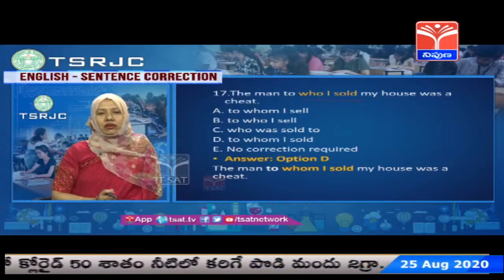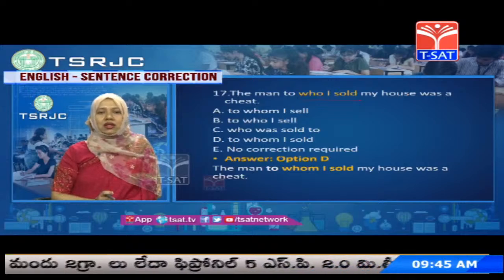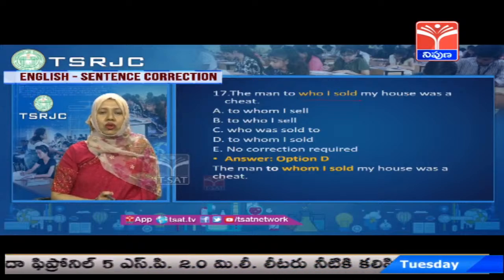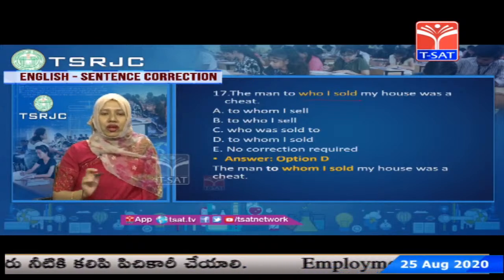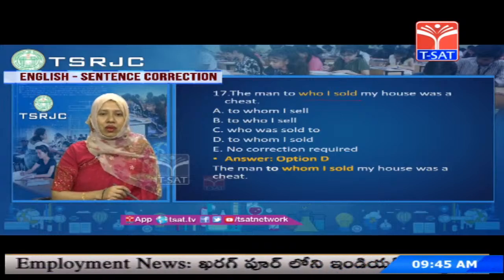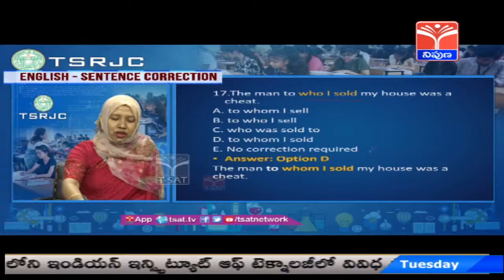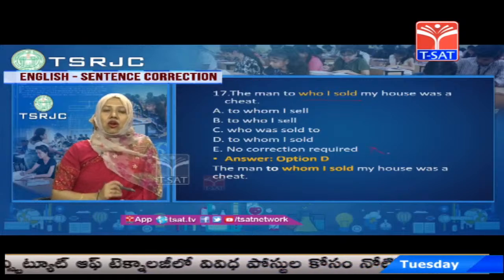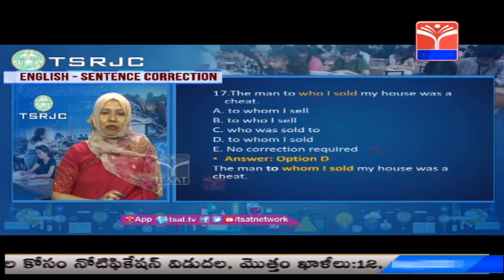A, to whom I sell, B, to who I sell, C, who was sold, D, to whom I sold, E, no correction required. Now if you read the sentence, somewhere in the mind it is saying that there is a mistake. The sentence is not grammatically correct. So option E is eliminated, there is a mistake, so no correction required cannot happen.